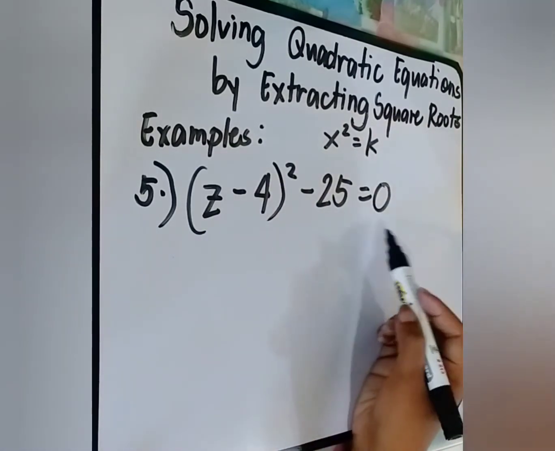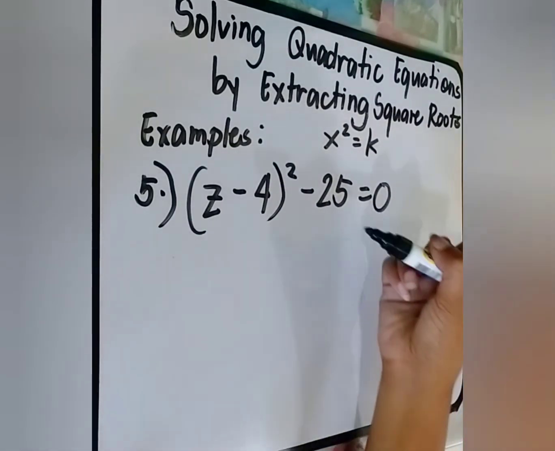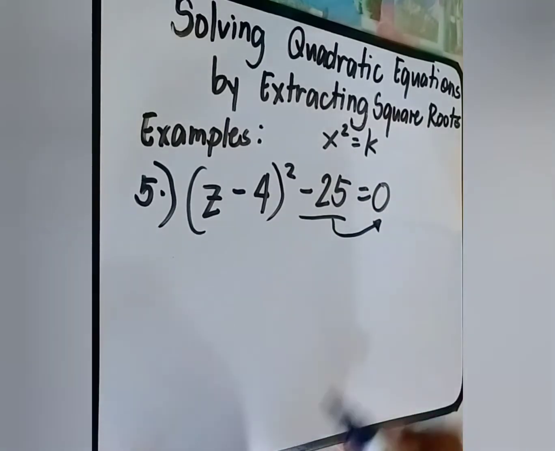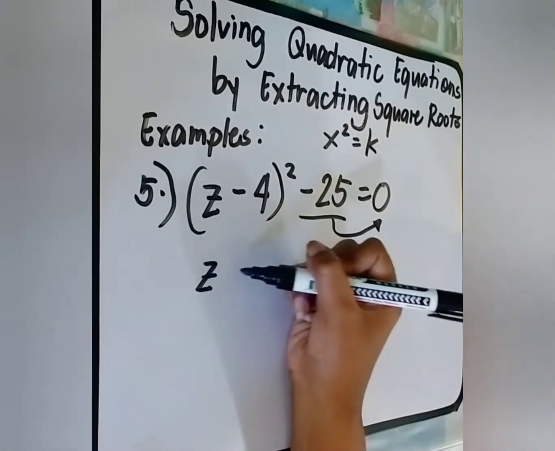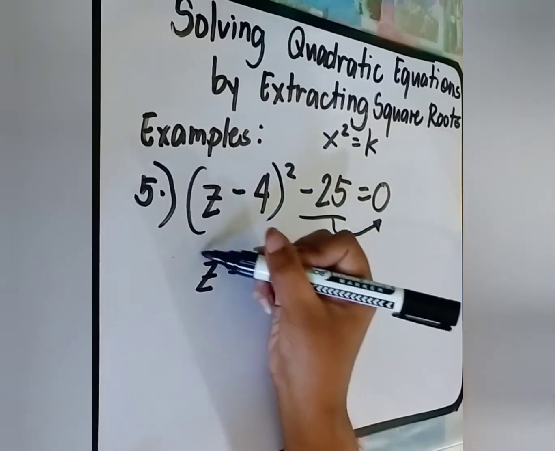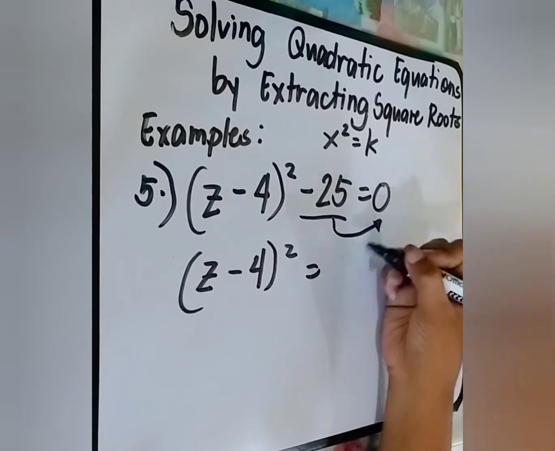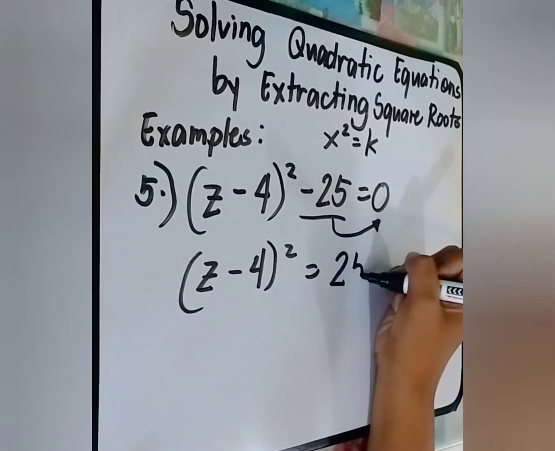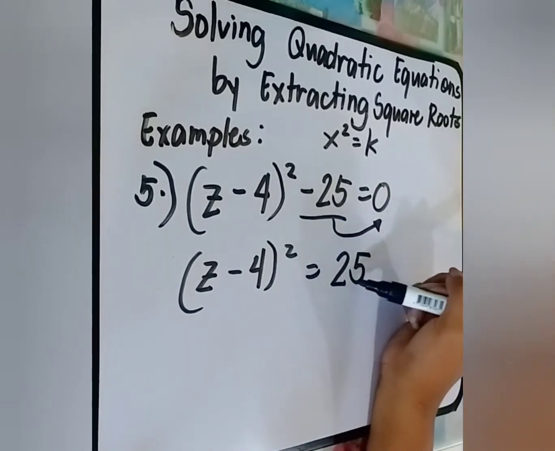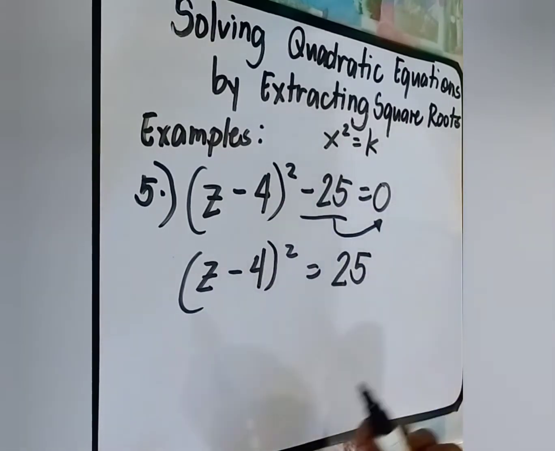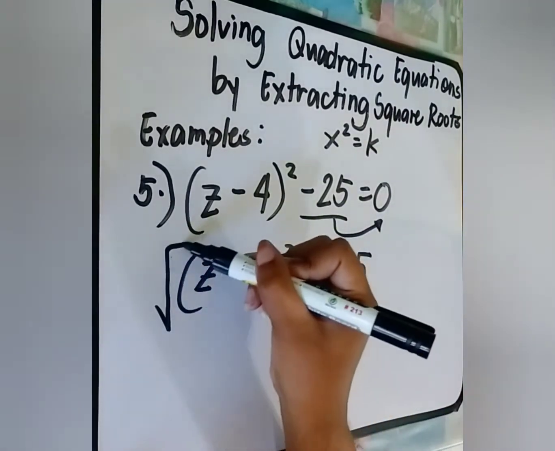Remember, ita-transform natin siya into the quadratic equation x squared is equal to k. Okay, the first thing we have to do is to transpose negative 25 using the addition property of equality, magiging the quantity of z minus 4 squared is equal to positive 25. Since negative 25 siya, ito transpose, magiging positive 25.